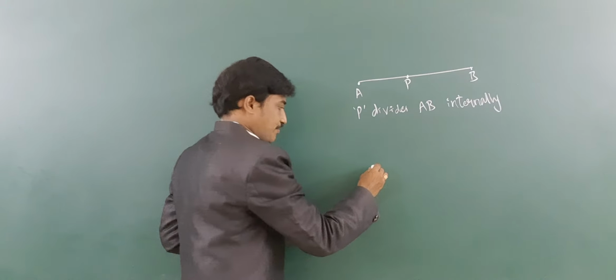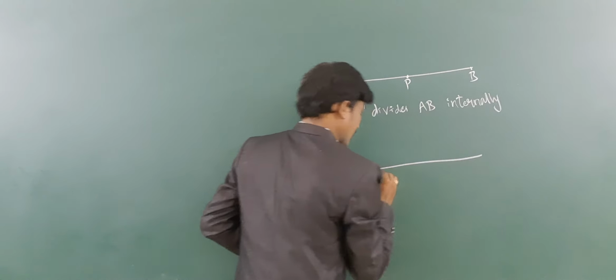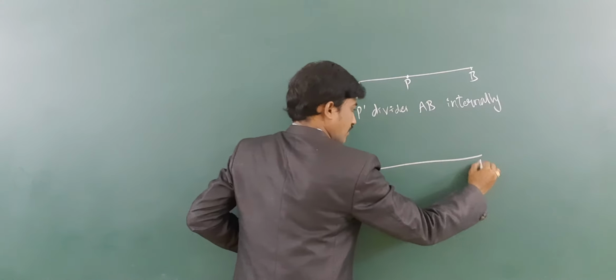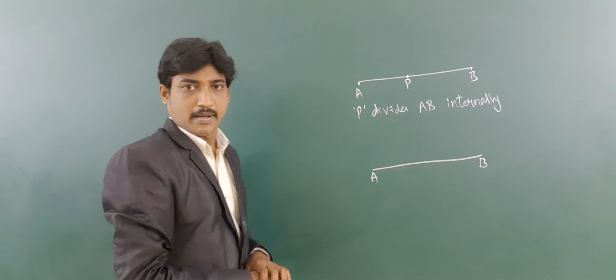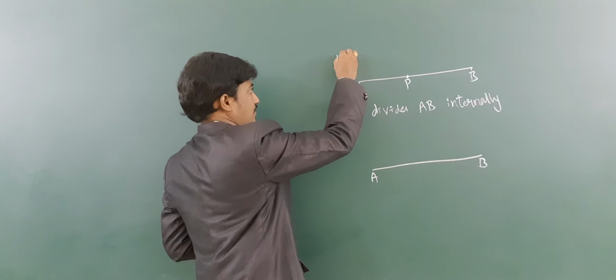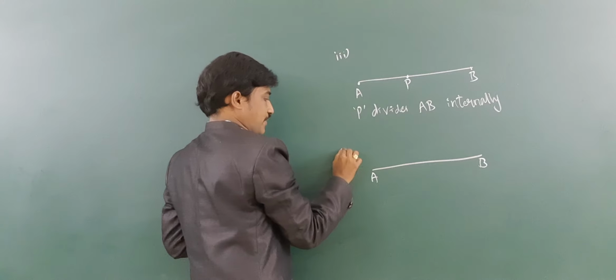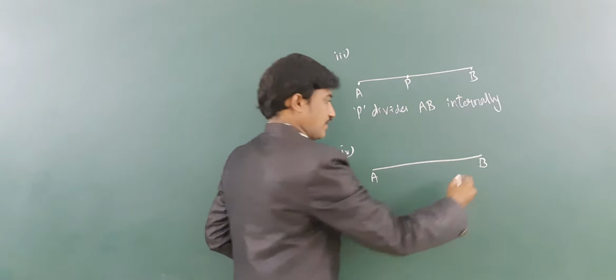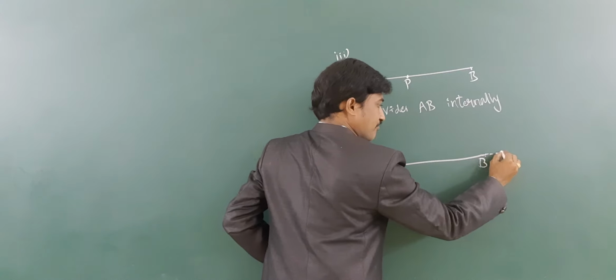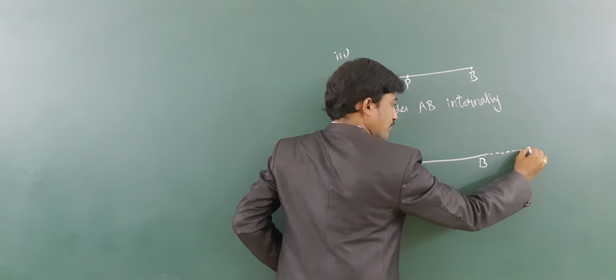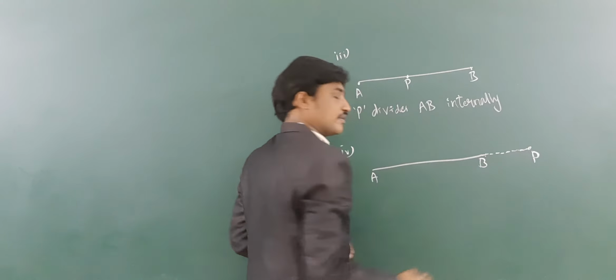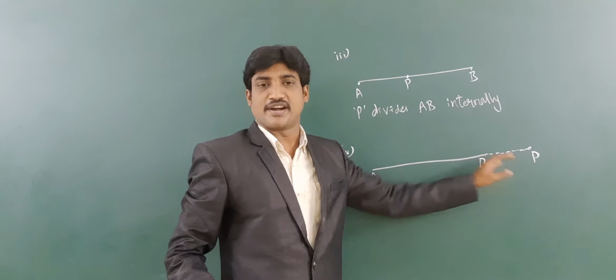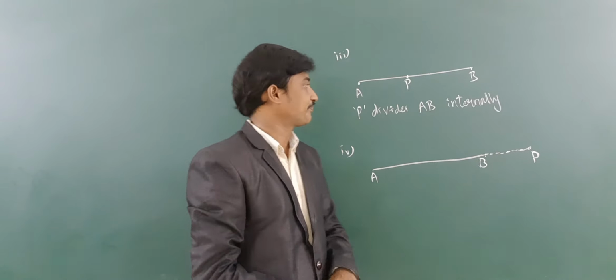And there is a line segment AB, and if P divides AB, if P lies on AB produced, then we say P divides AB externally.